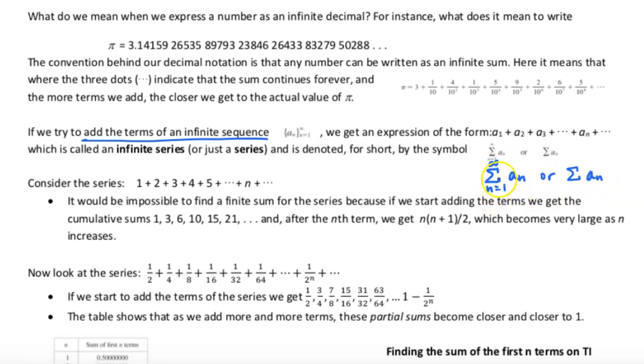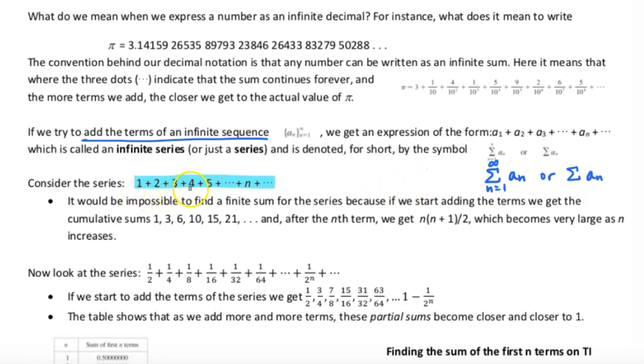And again, when we don't have any kind of bounds on top and below this summation symbol, it is assumed that we're starting at 1 and going to infinity. So if we see this, we're assuming that we're starting at n equals 1 and that this is an infinite series. And so let's look at this first example of a series.